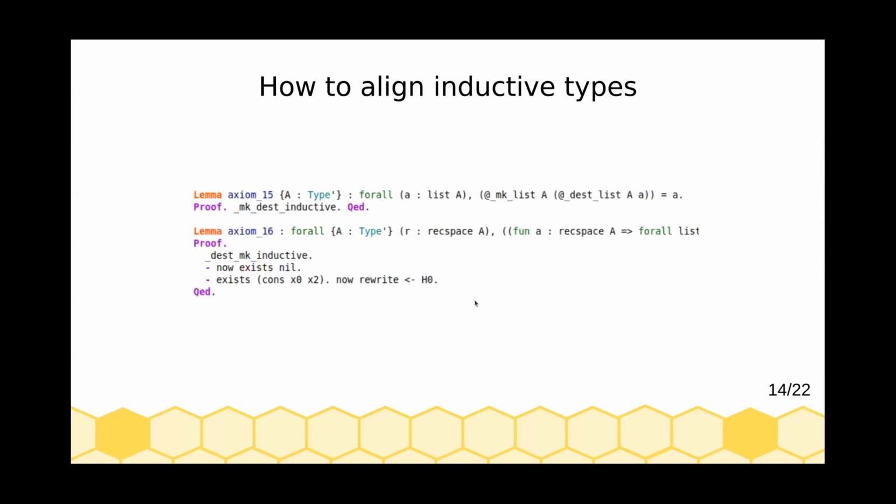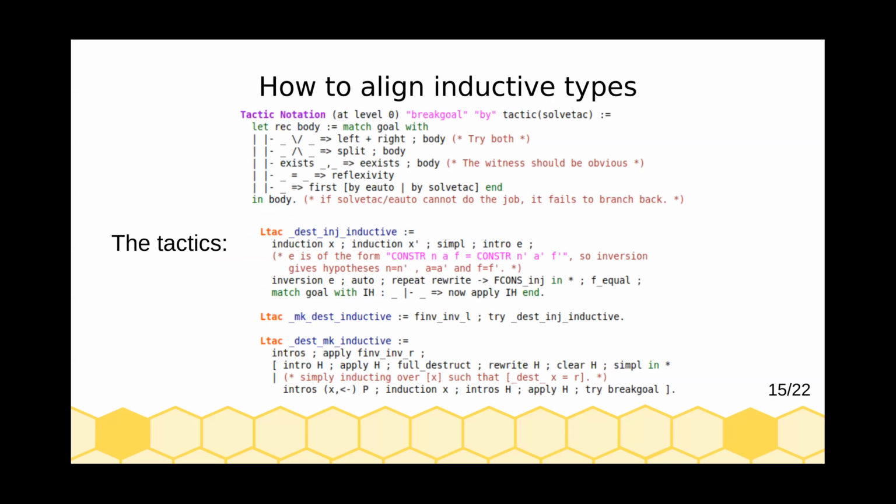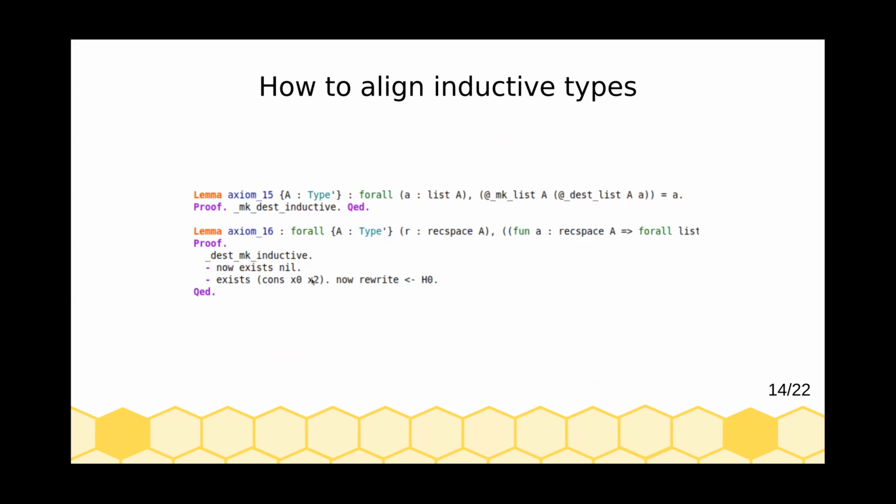But the thing is that I'm using Ltac, and in Ltac we do not have access to a tactic that can say instantiate this existential quantifier with one of the constructors of the type. So that has to be done by hand, but it's pretty trivial. That's what is done here. You do exist with one of the constructors, and maybe also rewrite some induction hypothesis, but that's it. Anyway, basically it's trivial.